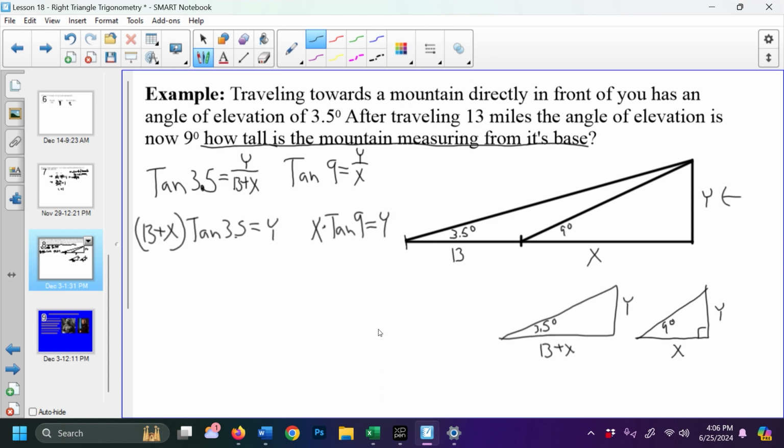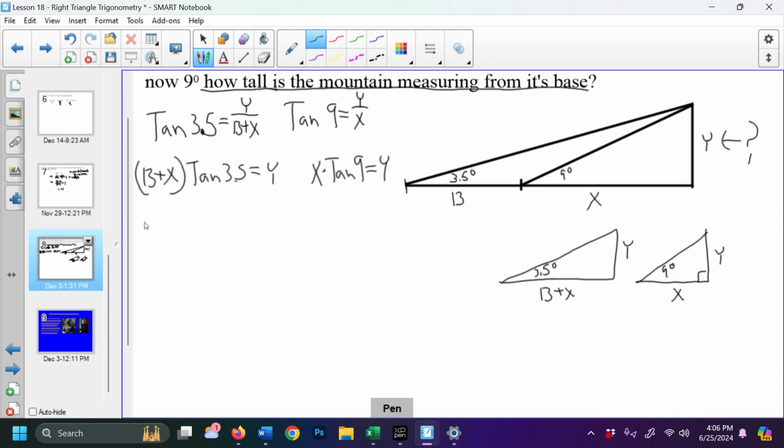And again, I'm trying to find y. That's my goal. But I have two equations that are equal to y, so I can set them equal to each other. I can say that 13 plus x times the tangent of 3.5 is equal to x times the tangent of 9.